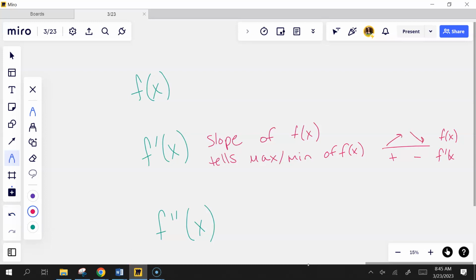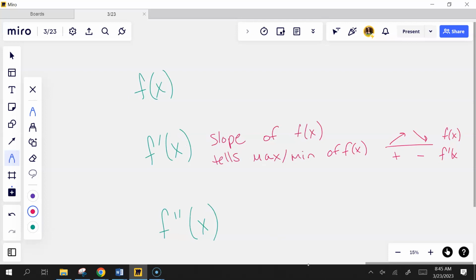And it tells you if you have a max or min on the function, right? These happen at zeros of the derivative, right?